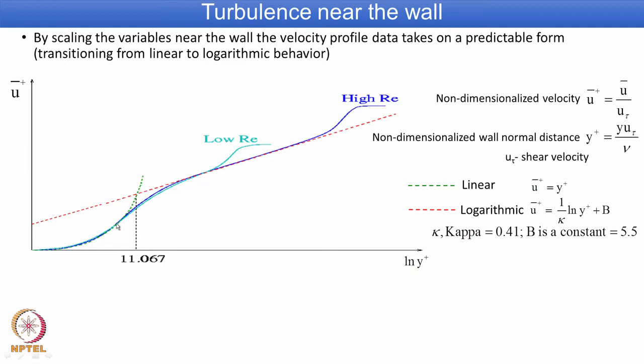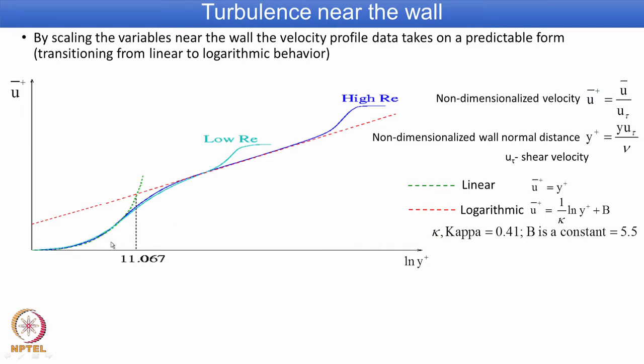Now, there is this linear region where the actual velocity profile coincides with the green color line. So, that is the linear region. The other region is the log region, that is somewhere here. In between you have a region that is known as the buffer region.